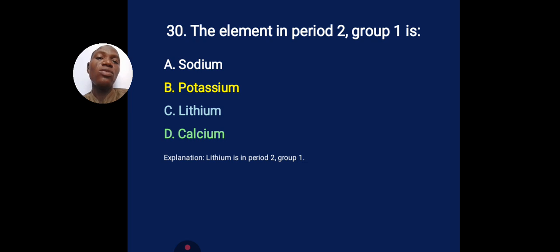Starting with the one with the lower atomic number, which is lithium, with atomic number 3. The first shell will carry 2, the second shell will carry 1. So it belongs to period 2. And the last number is 1, that's the valence electrons, which determines the group. We have 1 there because it's 2 and 1, which makes it belong to group 1. So the correct answer is lithium.